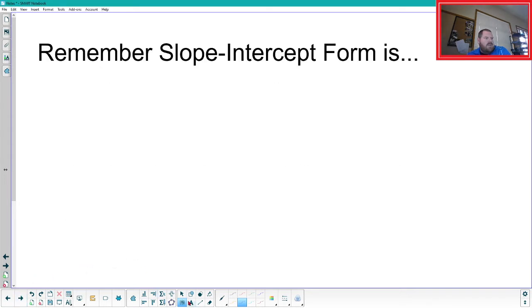So today, the first thing I want to talk about is that we really need to remember that slope-intercept form is in the form y equals mx plus b. And it is important to remember, what are we looking at here? Okay, we're looking at a line. This equation would graph a line that has a constant slope, a constant rate of change, and then goes through the y-axis at a specific point.